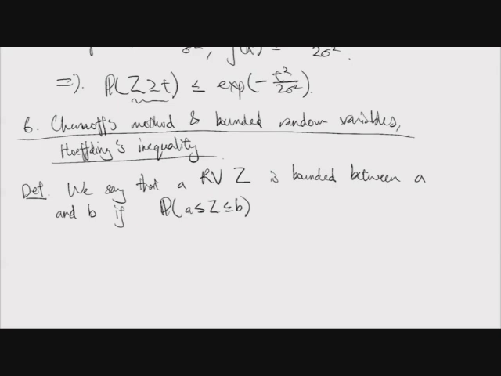So z only takes values between a and b. And we also say that z is centered if the mean of z is equal to 0.